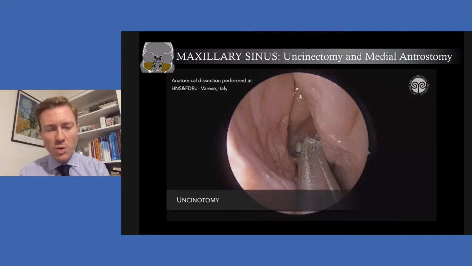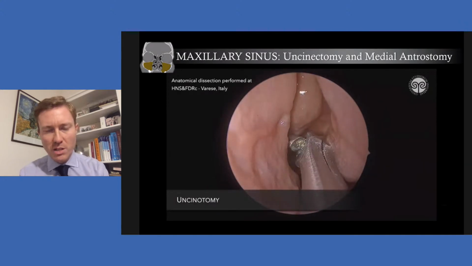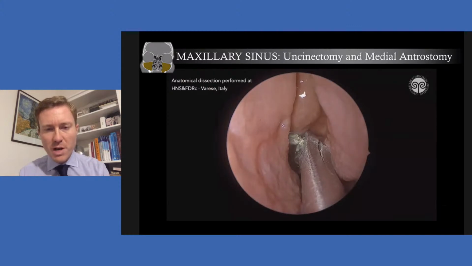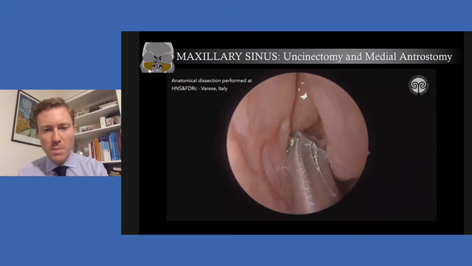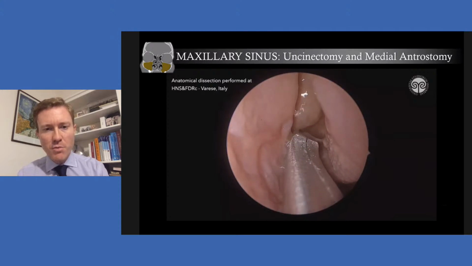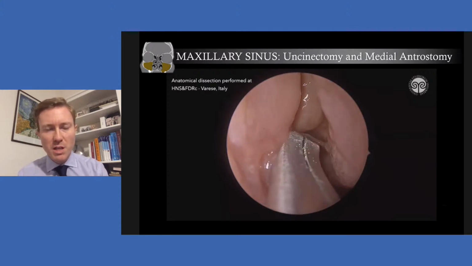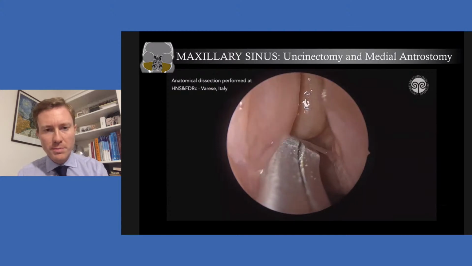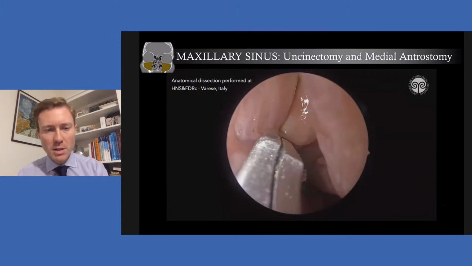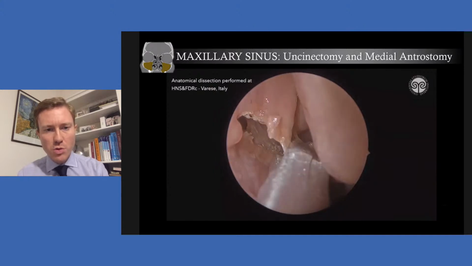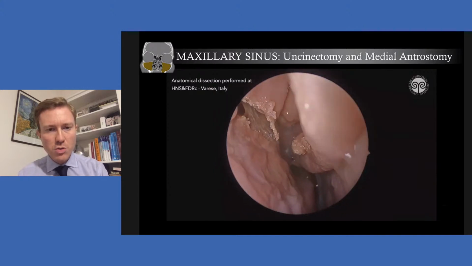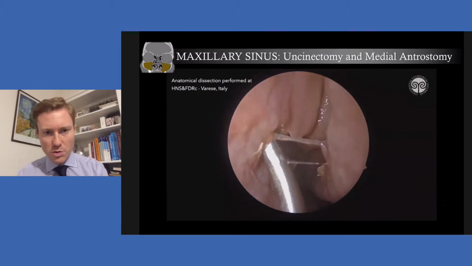Uncinotomy means that we are going to cut and resect the inferior part of the uncinate process. You can see, this is the inferior part of the uncinate process. We stay at the level of the floor of the bulla, and we are able to expose the natural ostium of the maxillary sinus.